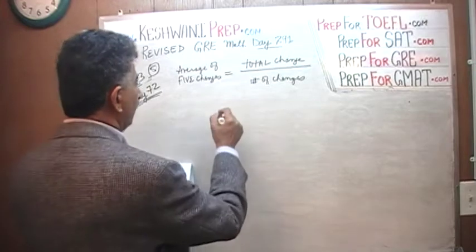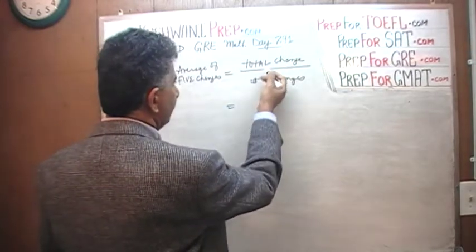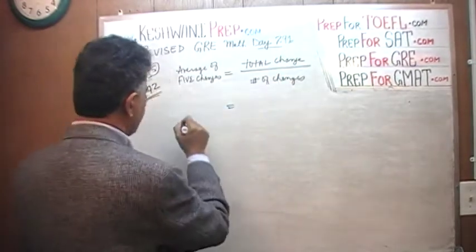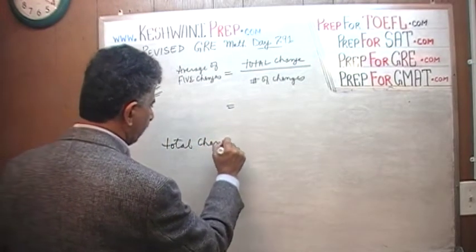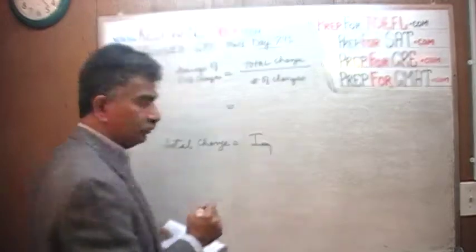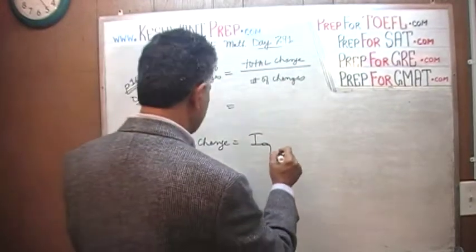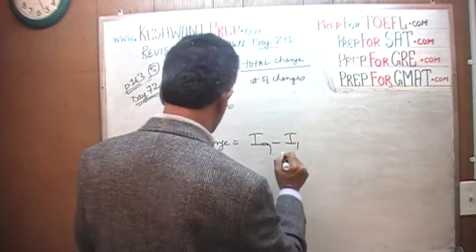Look at this as: total change equals the imports for 2009 minus the imports for 2001.